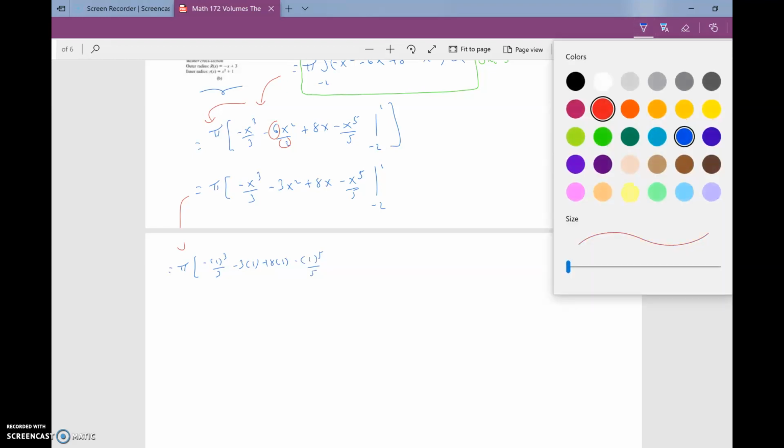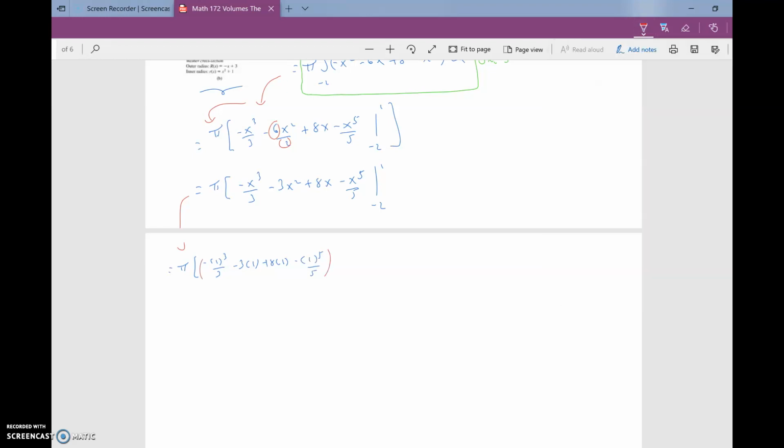This is evaluating the 1 minus, and now we're going to evaluate negative 2. So this is negative 2 to the third power divided by 3 minus 3 times negative 2 squared plus 8 times negative 2 minus negative 2 to the fifth divided by 5.